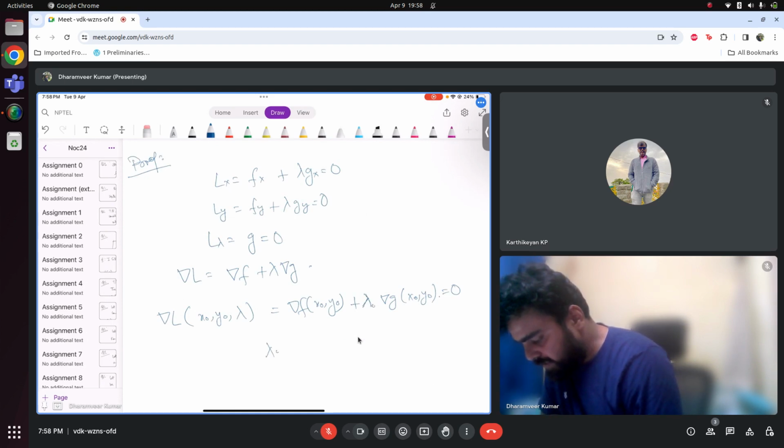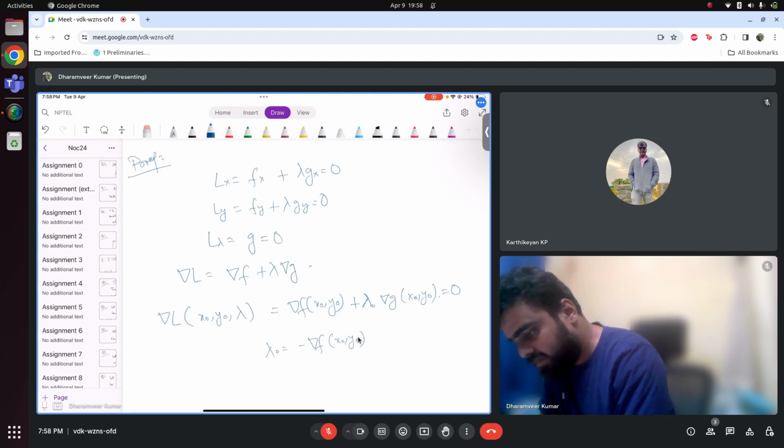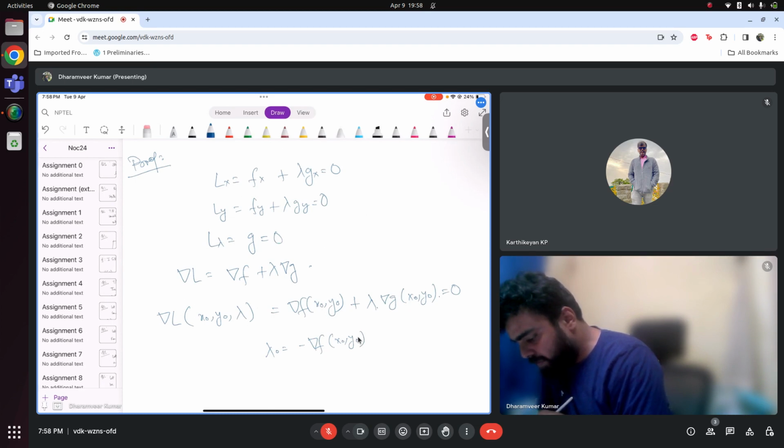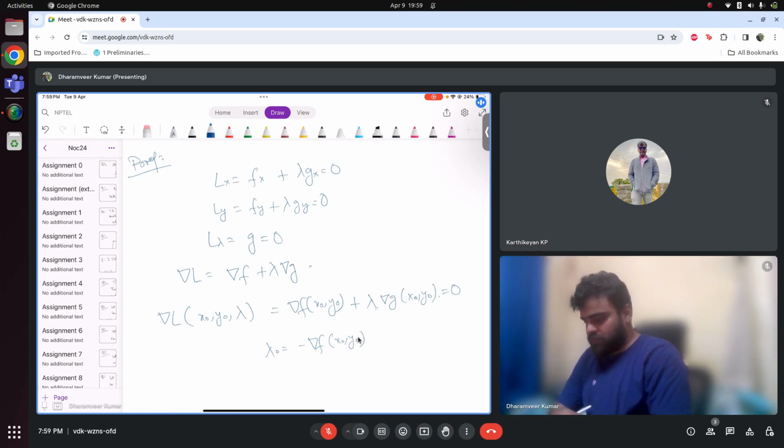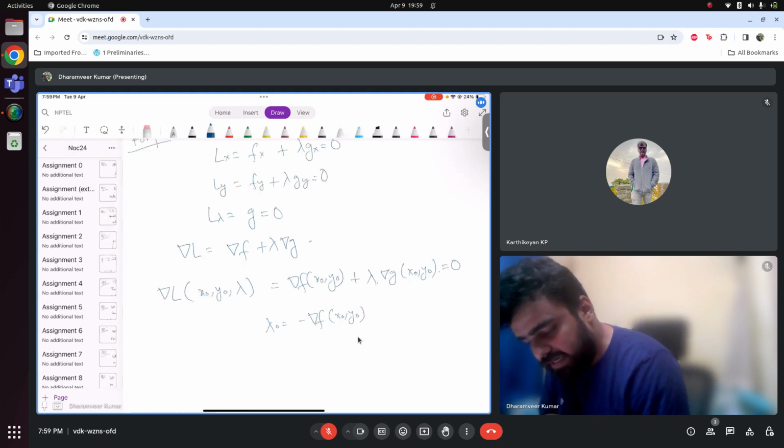Lambda naught is nothing but minus grad f dot grad g of x naught, y naught over the norm of grad g of x naught, y naught squared.